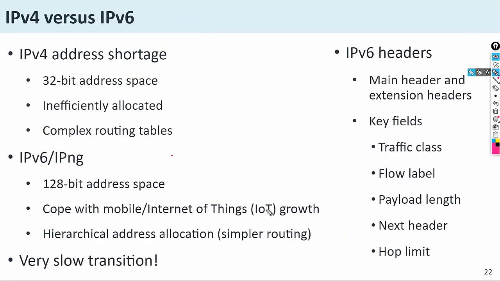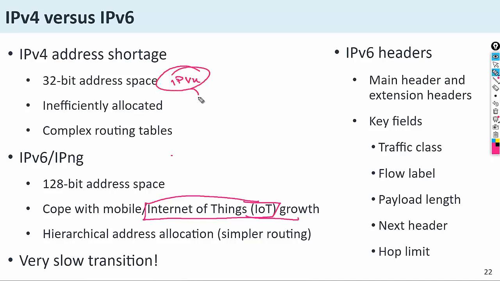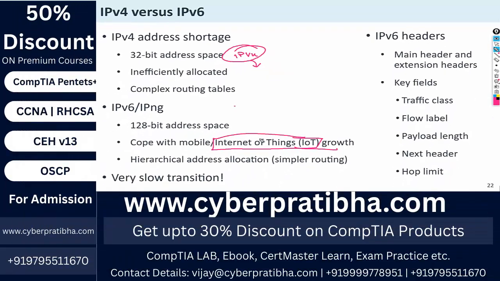There is a lot of growth of IoT devices and smart devices, so the 32-bit size of IPv4 is not enough to provide an identity to all the devices connected in the network. That is the reason IPv6 is in the market.